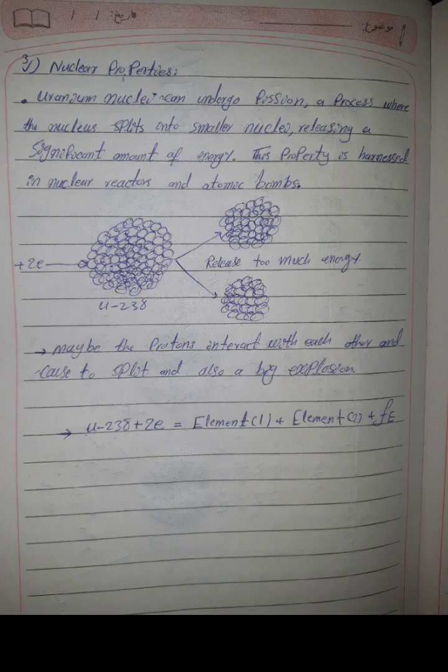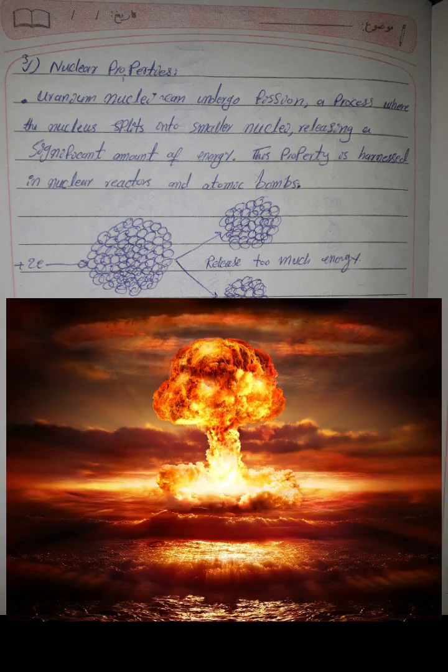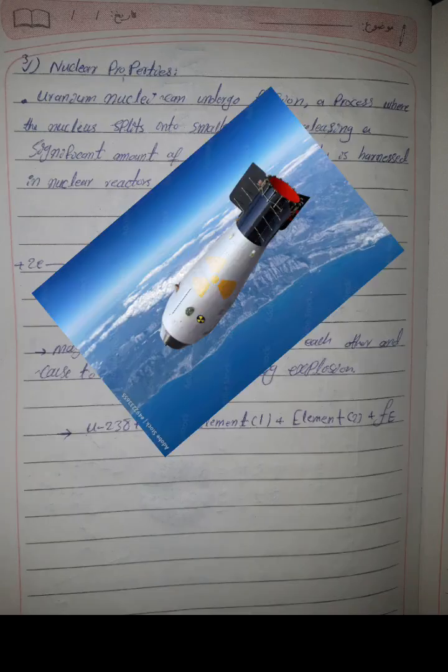So whenever with a high speed and high energy, two protons collide with each other, the collision will be explosive. This explosion causes the release of infinite energy, and it will be stronger than several nuclear bombs.